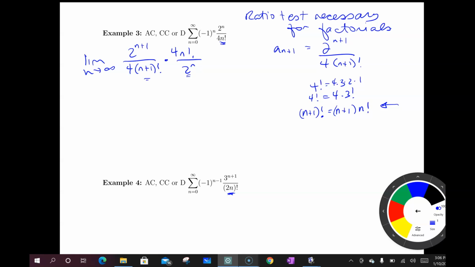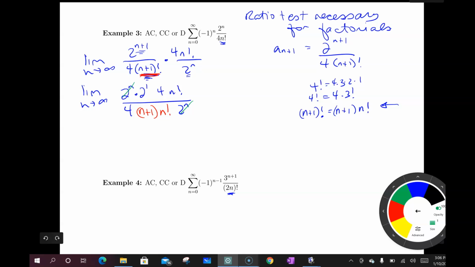So I need to use that right here. As I'm writing this down, I'm going to break this one up: 2 to the n times 2 to the 1, so I don't make a mistake in canceling and lose a factor. And I'm going to break up this n plus 1 factorial as n plus 1 times n factorial.